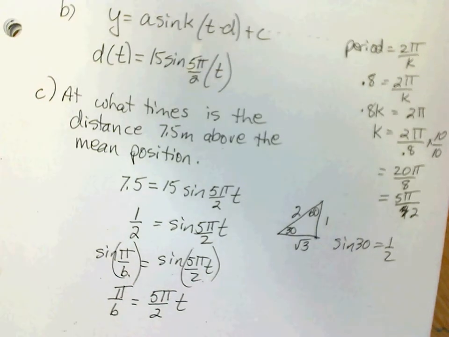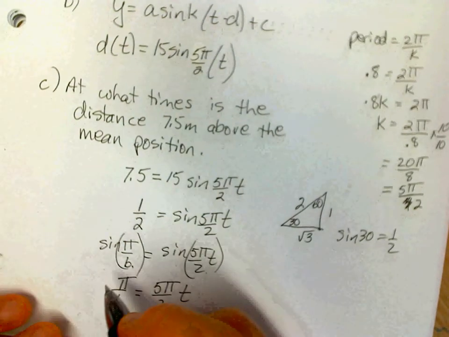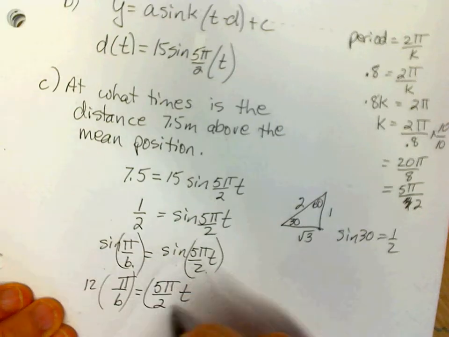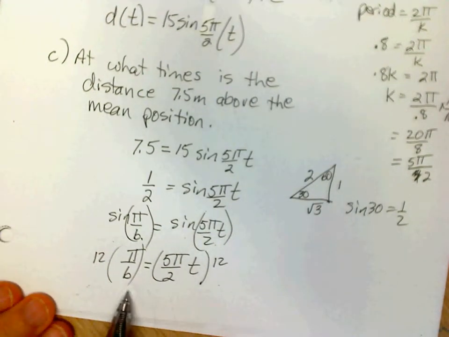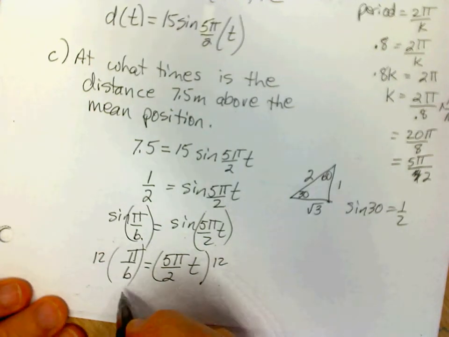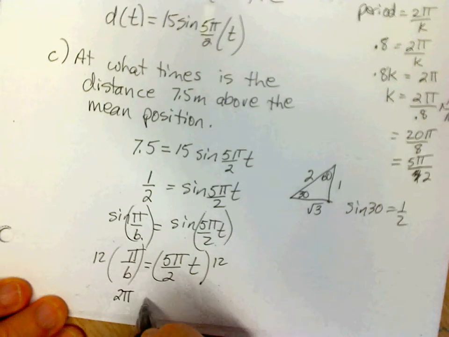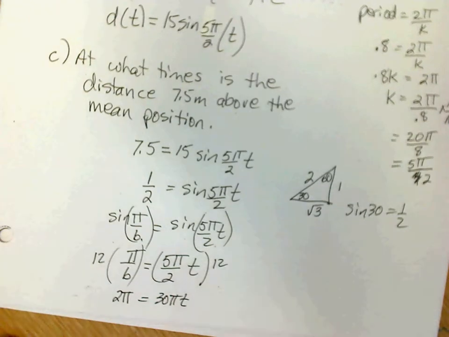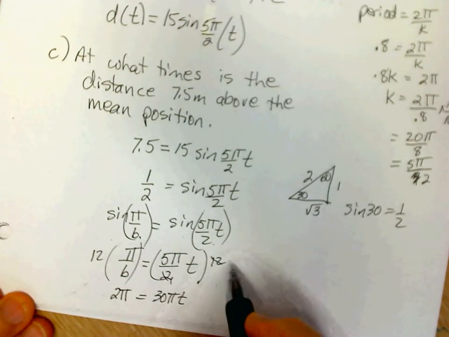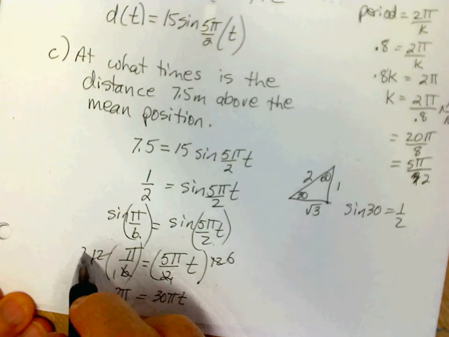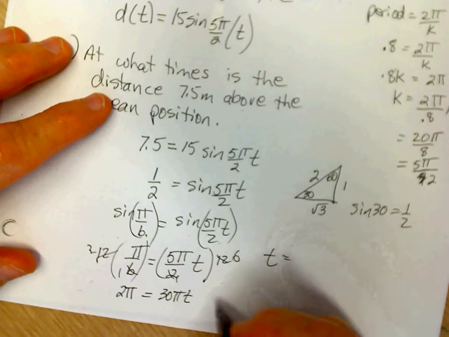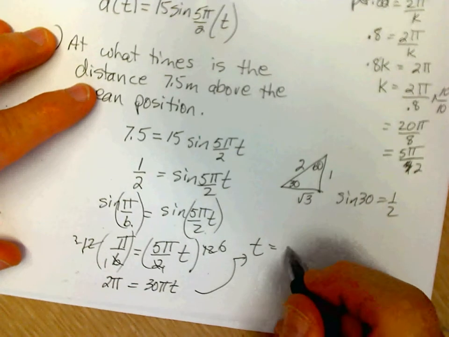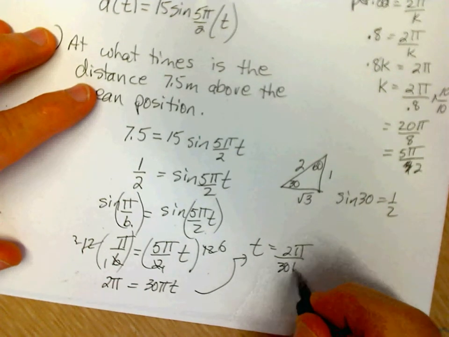Multiply both sides by 12 to get rid of the denominator. So this is 2 pi equals 30 pi times t. 2 goes into that once, 2 goes into that 6. So t equals 2 pi over 30 pi, and that equals 1 over 15 seconds.